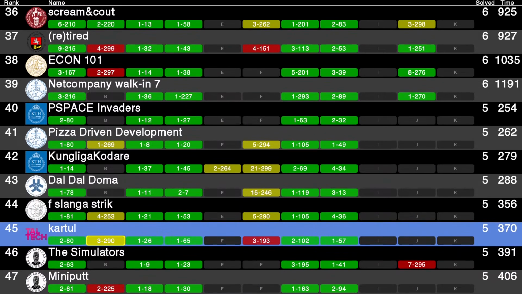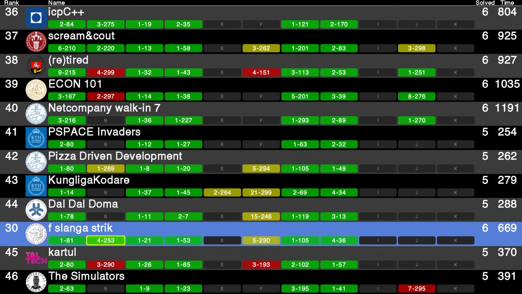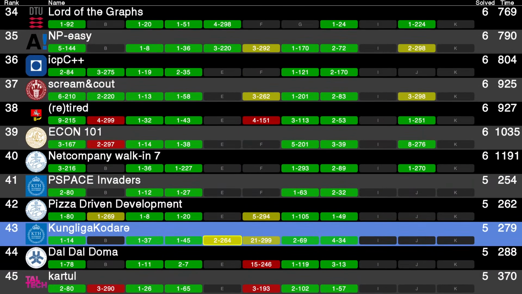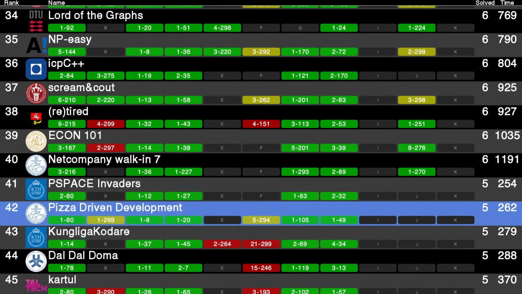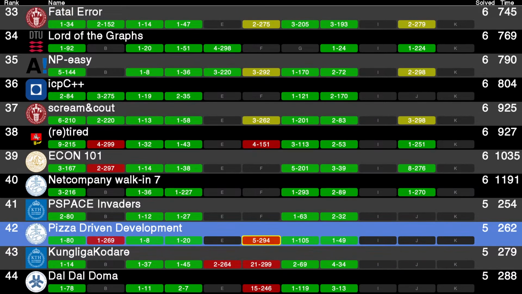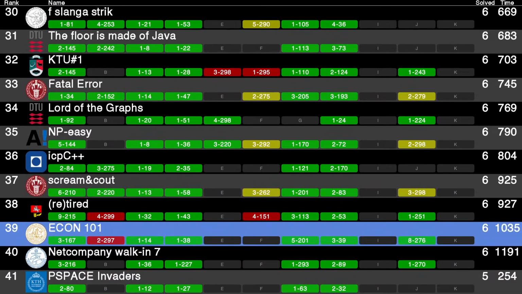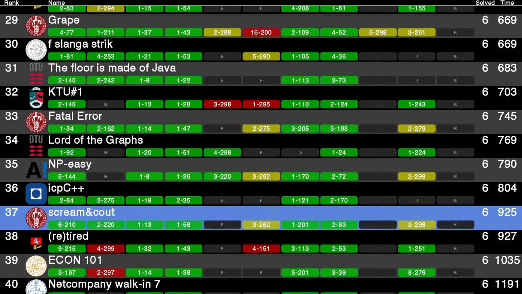The simulators, Artul, F Langastrik, Dal Doma. A lot of attempts on problem F there. Kungliga Kodare had a very big number of submissions. P-Space Invaders, Netcompany, Econ 101, retired.